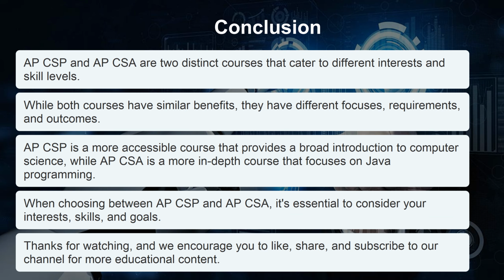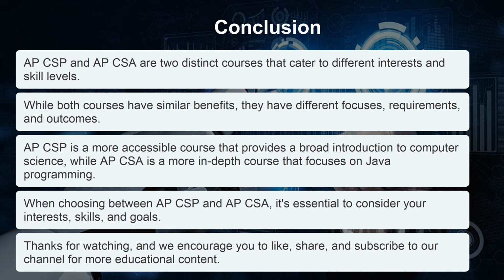In conclusion, AP CSP and AP CSA are two distinct courses that cater to different interests and skill levels. While both courses have similar benefits, they have different focuses, requirements, and outcomes. AP CSP is a more accessible course that provides a broad introduction to computer science, while AP CSA is a more in-depth course that focuses on Java programming.